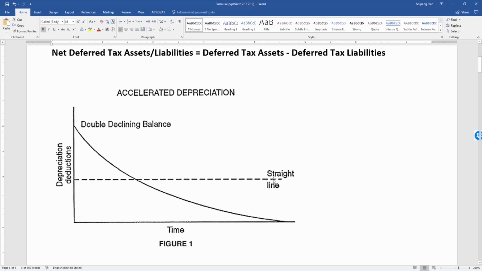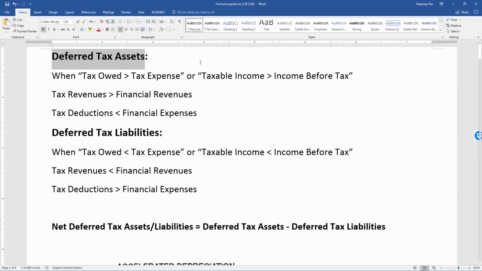After this point, the straight line method is greater than the accelerated depreciation. Because of this, the accelerated depreciation will cause the company to have larger deductions than the financial expenses. This will cause the taxable income to be less than income before tax, and finally generate deferred tax liabilities.